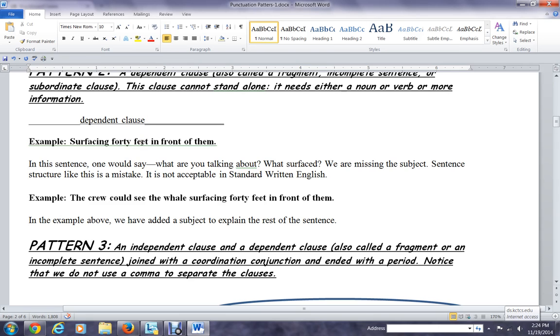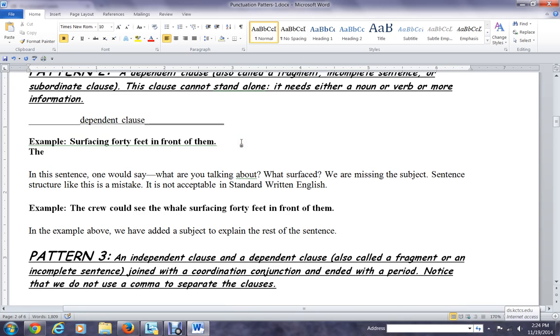Feet is not a verb. In front of them, none of those are verbs. So what's our verb? What's the action? Surfacing. So this would be a fragment. What is surfacing? We could do this, surfaced.